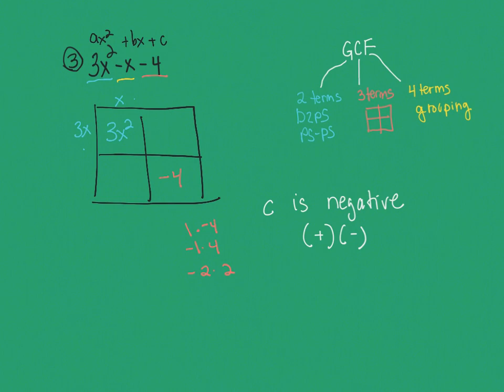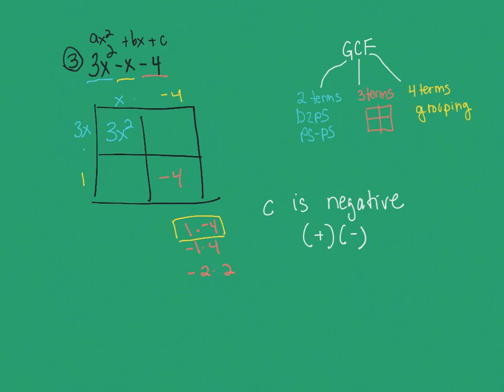When our a doesn't equal 1, I have to do a little bit more trial and error. So I'm going to start with 1, and if it doesn't work, I'm going to move to another one. So I'm going to start with just trying this one, the 1 times a negative 4. And so I'm going to put the 1 here and the negative 4 here.